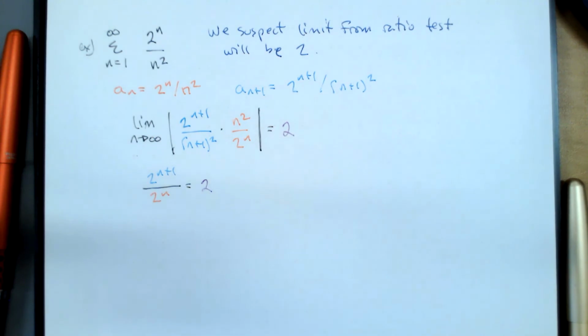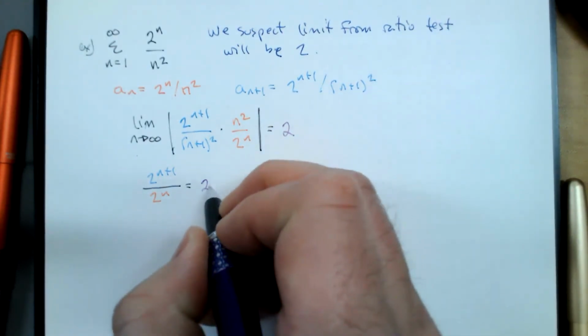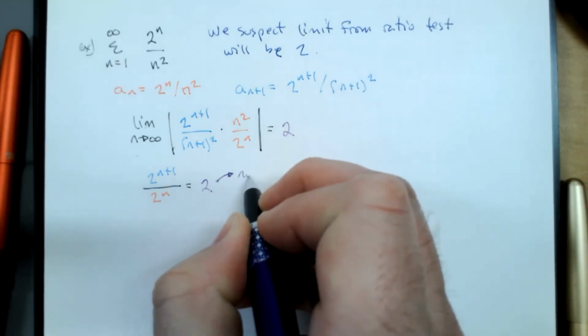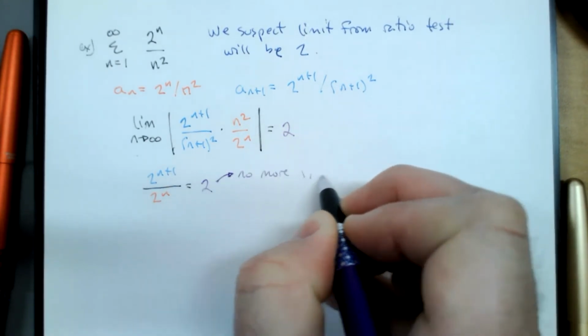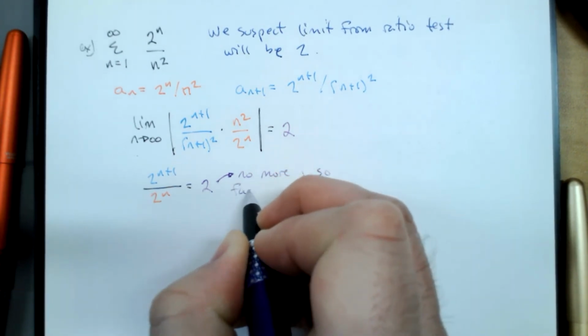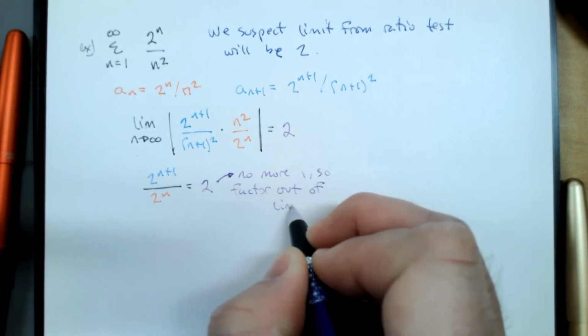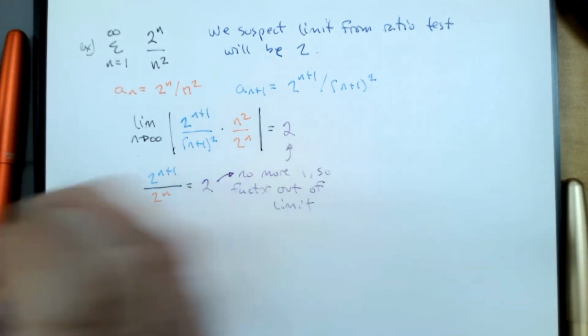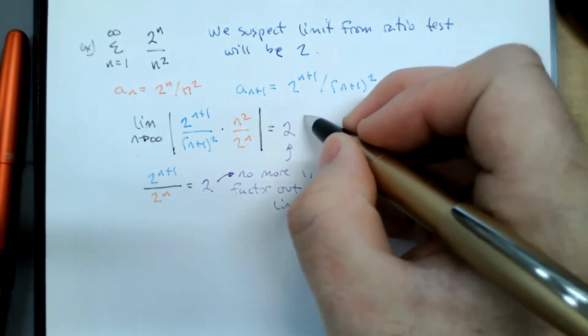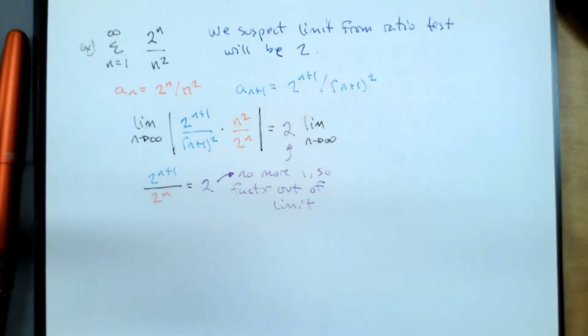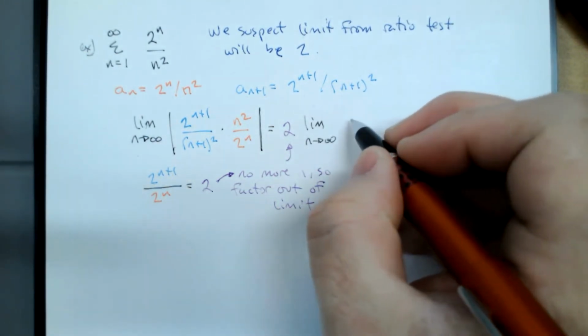And I'm going to do the same thing with that constant 2. It no longer involves n, so I can factor it out of the limit. And then what's left is n squared over n plus 1 squared.